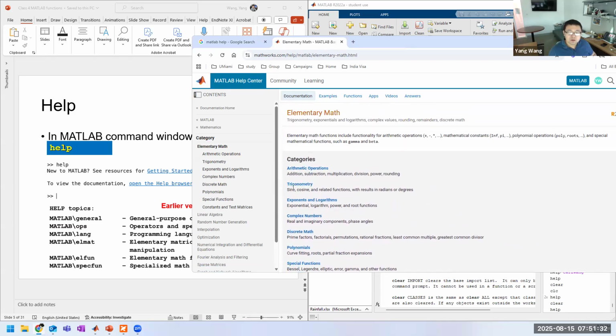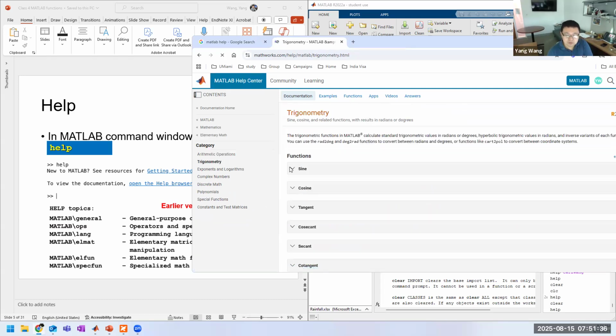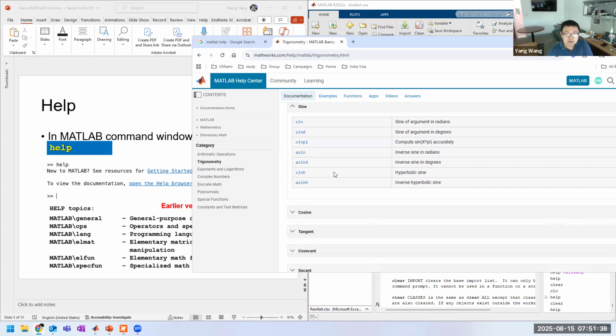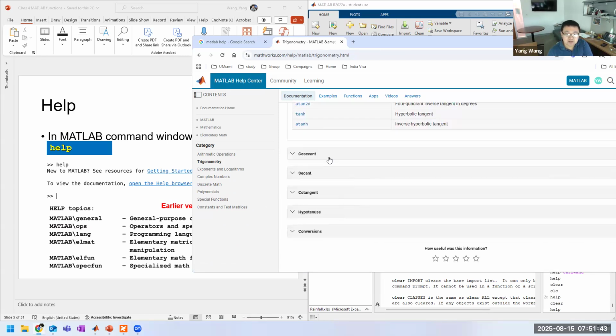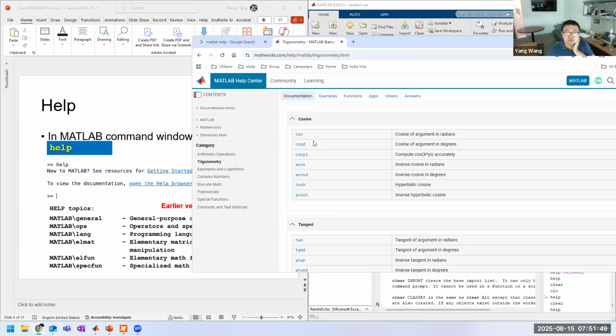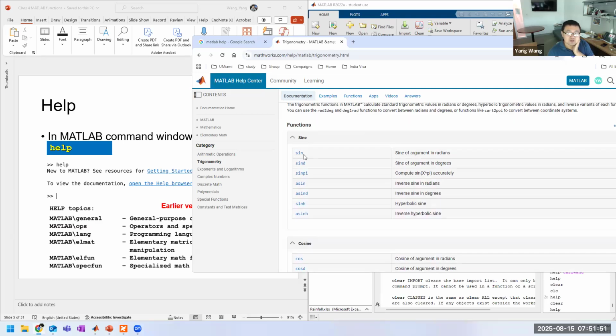For example, we can go to the trigonometry functions, and then it's going to give you the sine, cosine, functions related to sine, functions related to cosine, tangent, and then secant, cosecant, so on and so forth, right? And under each topic, there are different functions that we can use too. For example, there's the sine function, which is the most common one.